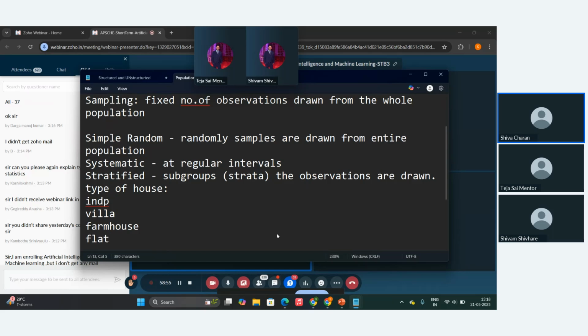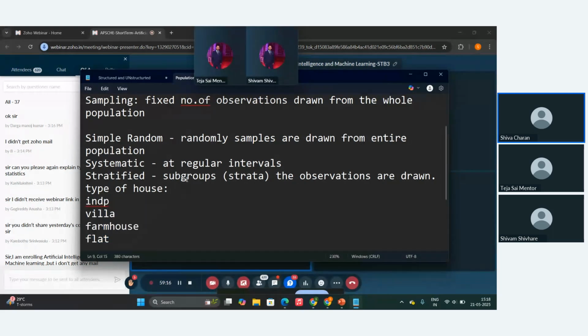So let's say I have an entire data set related to housing, with a column named type of house, and independent, villa, farmhouse, and flat are the values present in it.